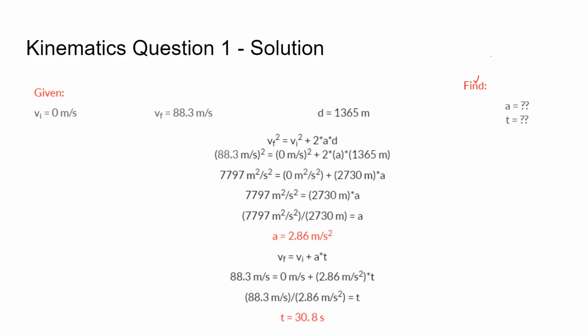Then using that value, we can use the other kinematic equation, which does involve time, and substitute in the final velocity, initial velocity, as well as the acceleration that we just found from the first equation, to solve for time. Plugging everything in and calculating it will yield a result of 30.8 seconds. And so that will be the change in time. Those are the two final answers that we get for this question.